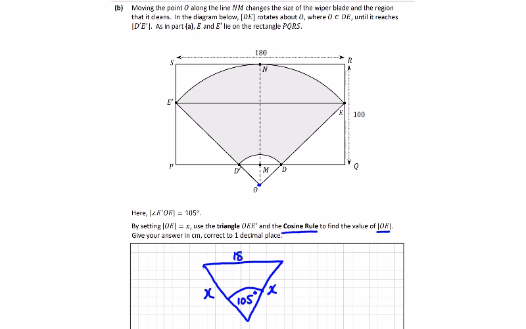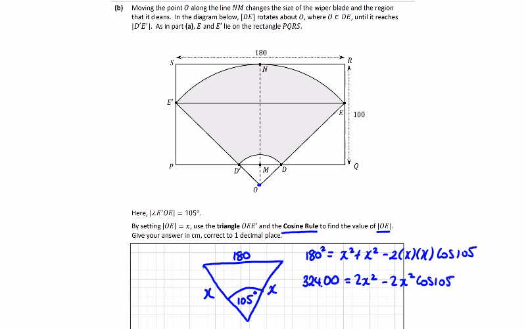We do have the 180. So we just have one unknown here, so 180 squared is equal to x squared plus x squared minus 2 by x by x by the cos of the angle.